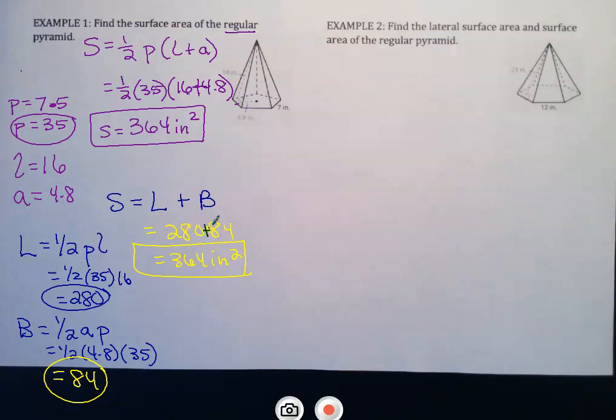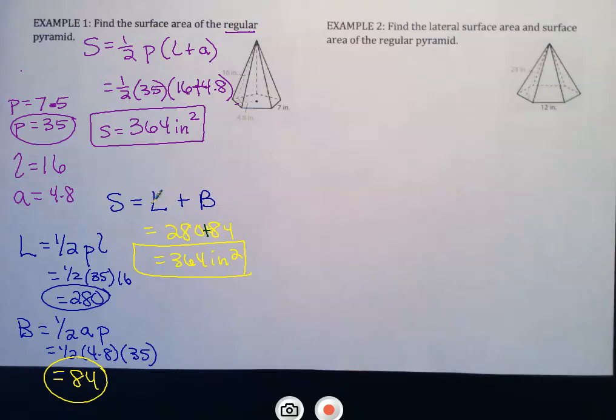So you can use either one. It's just if you go down to that third theorem, 9.3.3, S equals L plus B, you have to go look up all the parts, like what's the area of a triangle, or the lateral surface area for triangles, and go from there.